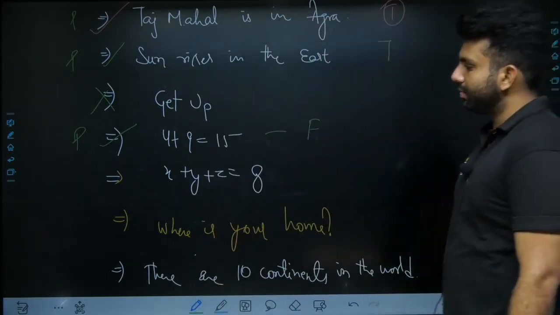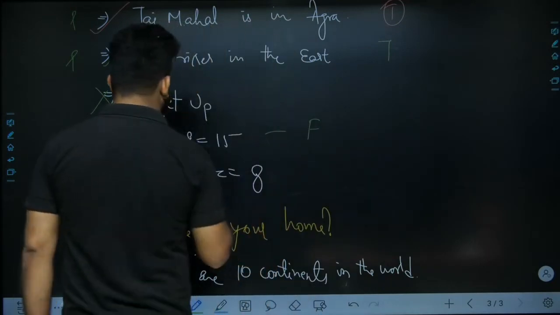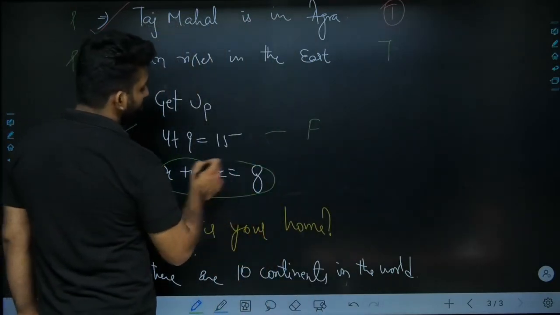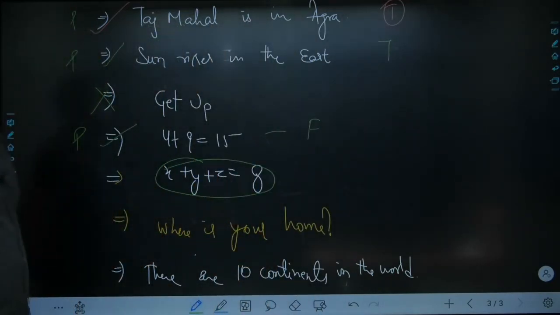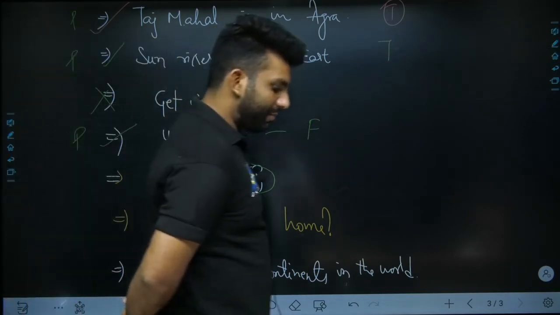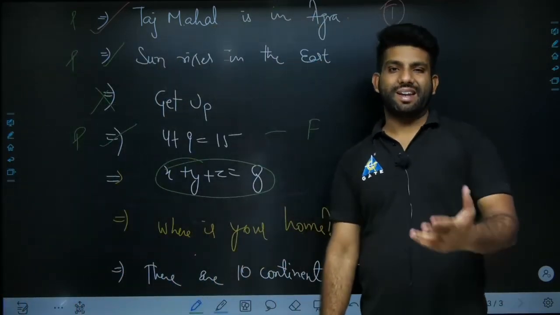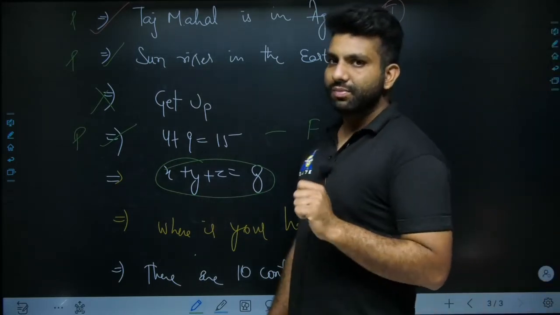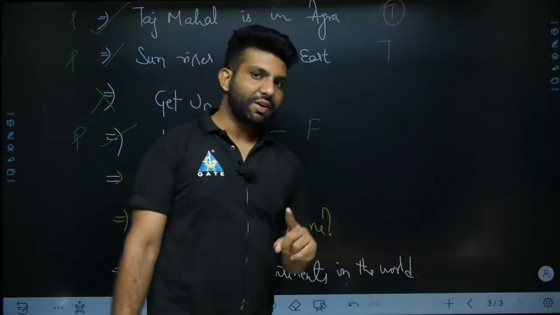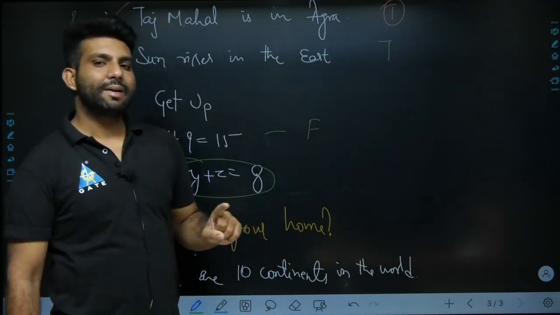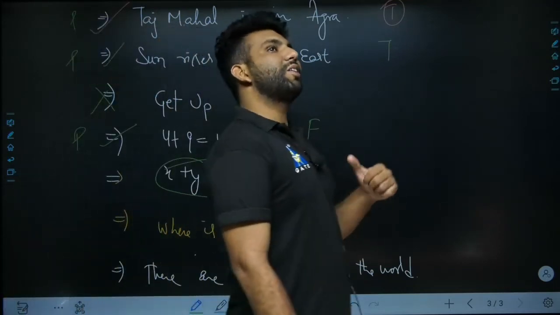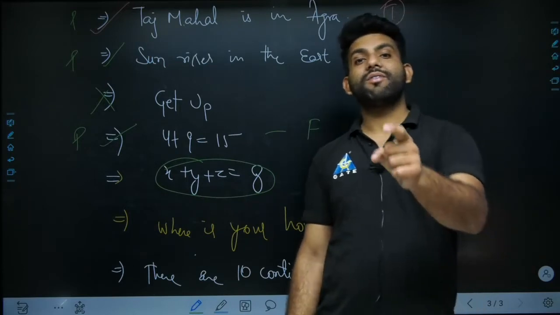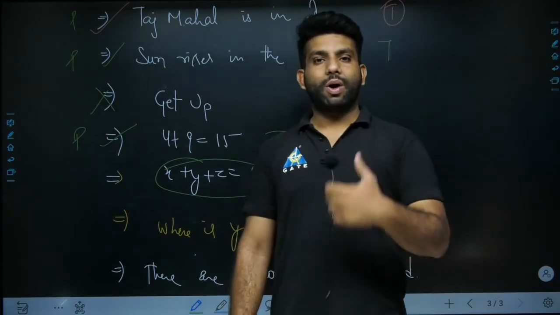Now let's see this. What about x plus y plus z equals 8? Here we know one thing for sure, that it is also declaring something, that the value of x plus the value of y plus the value of z will be 8. So it is declarative. But can I tell whether it's going to be true or false unless and until we know the values of x, y, z?